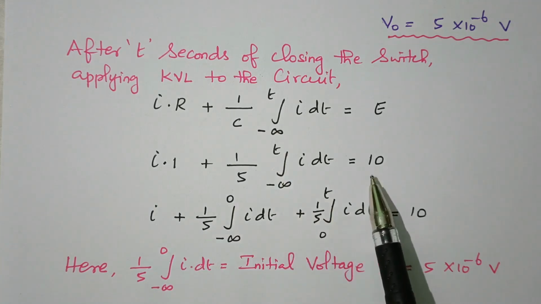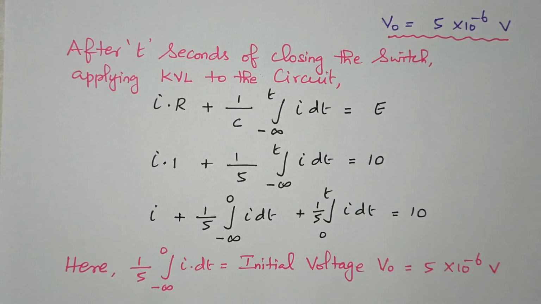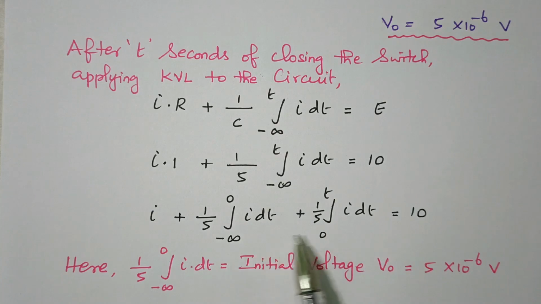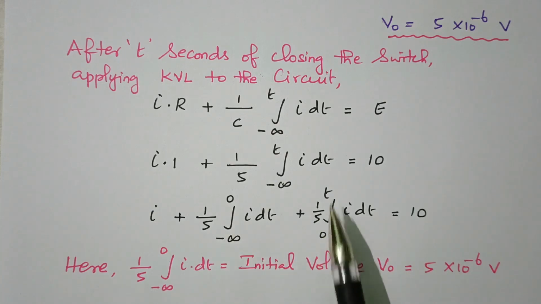E value is 10. So I plus 1 by 5 integral minus infinity to 0 I dt plus 1 by 5 integral 0 to t I dt, that is equal to 10. So minus infinity to t is split into two intervals, minus infinity to 0 and 0 to t.